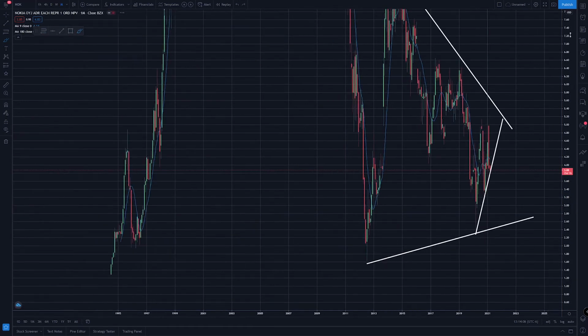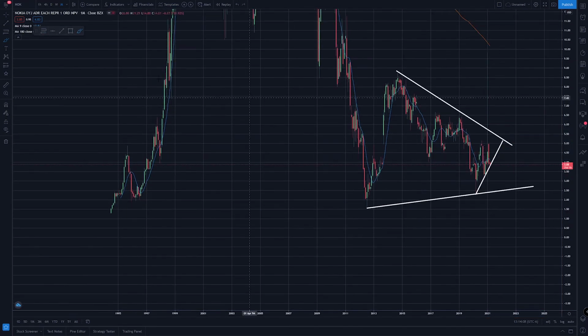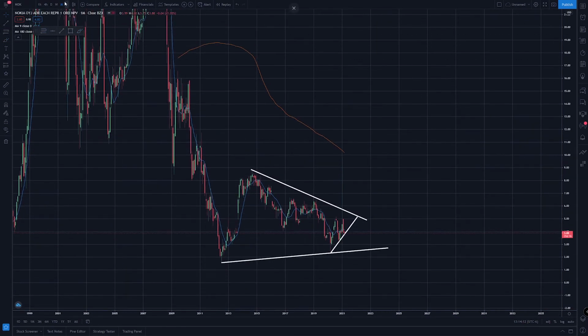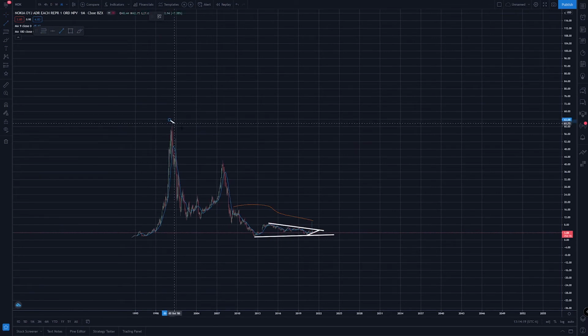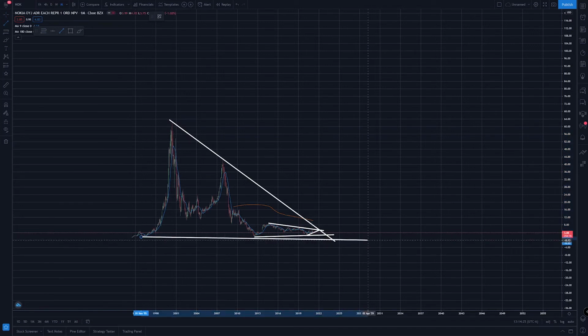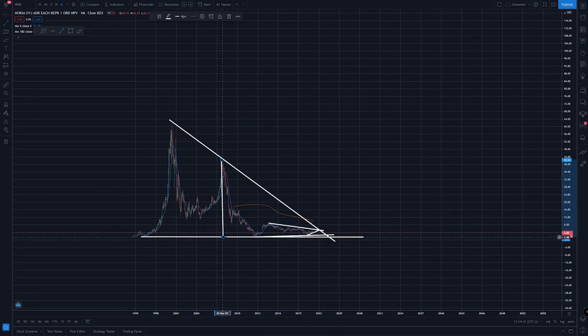I do still think that if we go into the monthly and get this bigger, huge triangle going, I still think eventually we can maybe get this target somewhere like this.